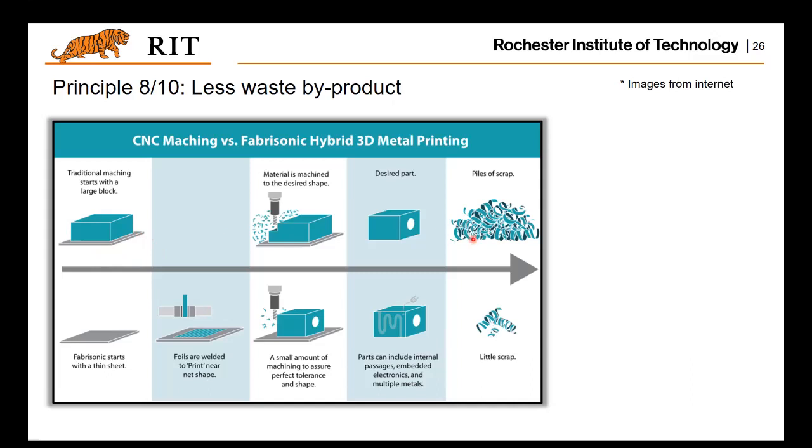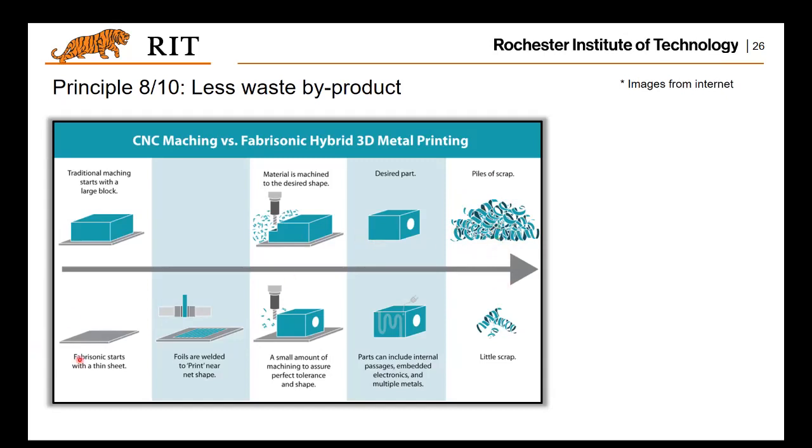For subtractive manufacturing, what you start with is a large block of material, and then using a machining process, the cutting tool will progressively remove material, and you will have the desired geometry. At the same time, you have piles of scrap, right? You have a lot of wasted material. These cannot be reused. Of course, you can recycle it, but you cannot directly use it for the next machining.